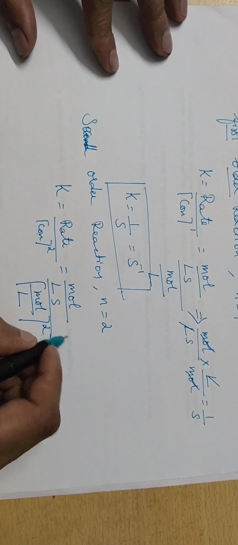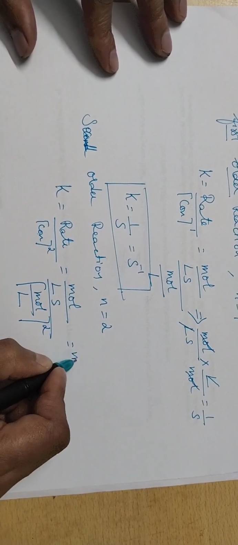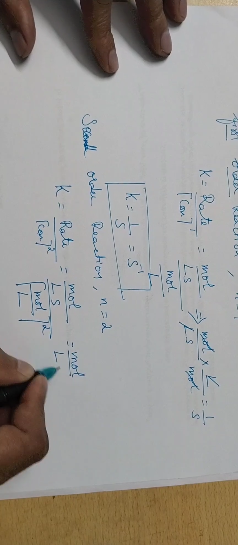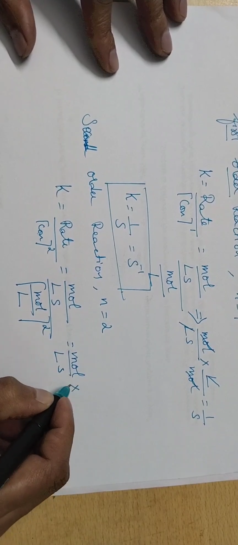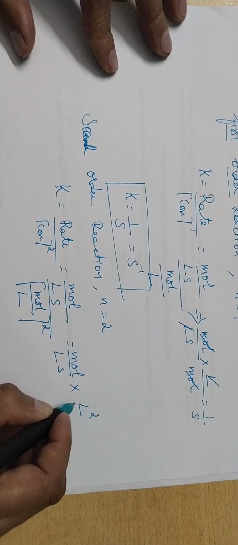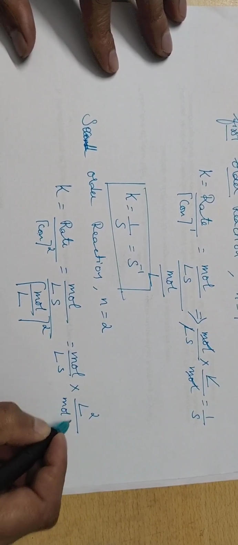This gives us mole per liter second multiplied by liter square divided by mole square.